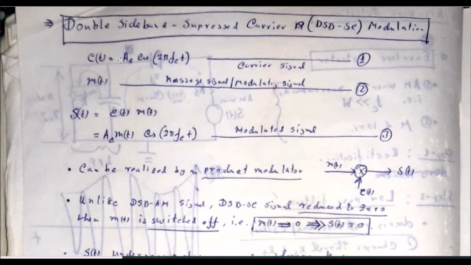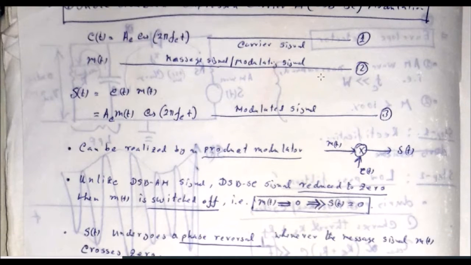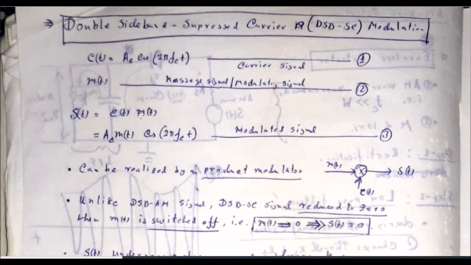So c(t) is the carrier signal, as I mentioned earlier also. c(t) is a cosinusoidal signal having the amplitude of Ac. fc is its frequency, which is much greater than the message signal's highest frequency W. m(t) is an arbitrary message signal or the modulating signal. Now what will be the modulated signal after DSB-SC modulation?